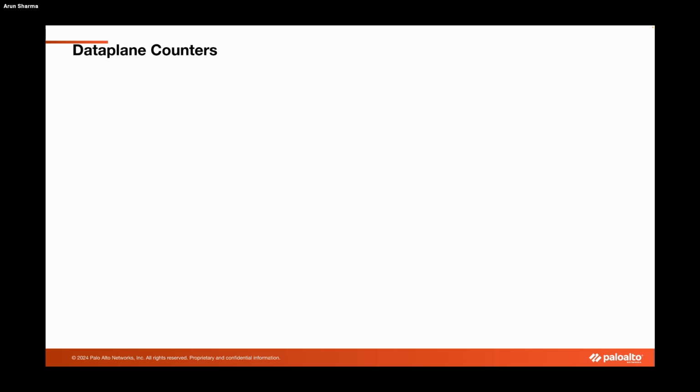Okay, moving on to data plane counters. We are trying to troubleshoot something and we have leveraged all the logging features and we still cannot figure out what the problem is.